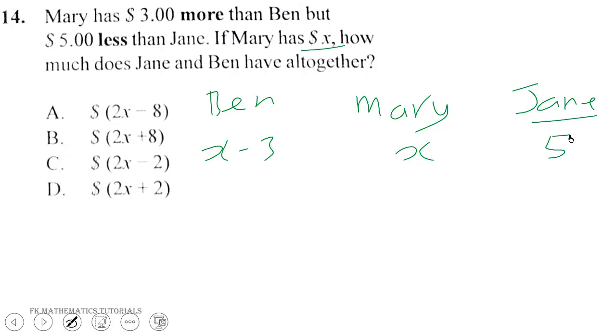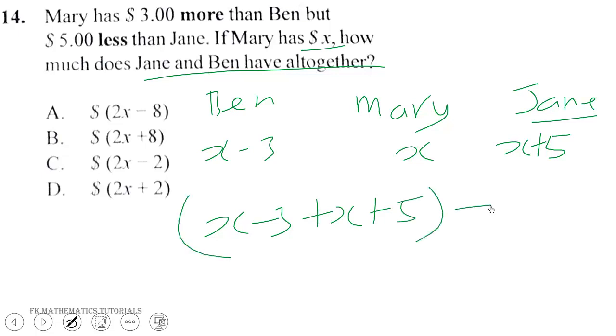So x plus 5. So we need to find Jane and Ben all together. So x minus 3 plus x plus 5. And that will give us 2x plus 2. So 2x plus 2.